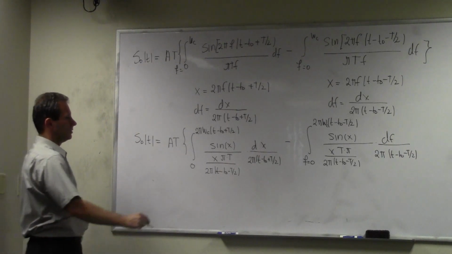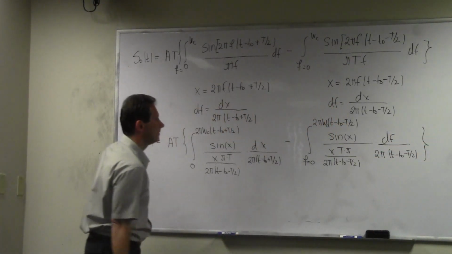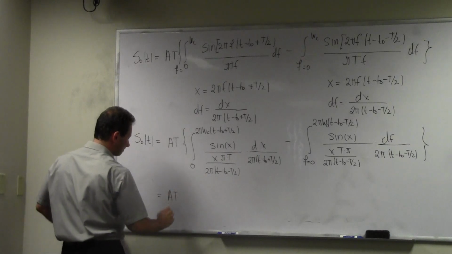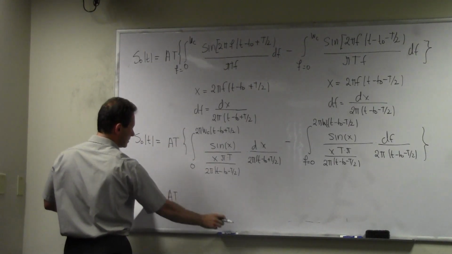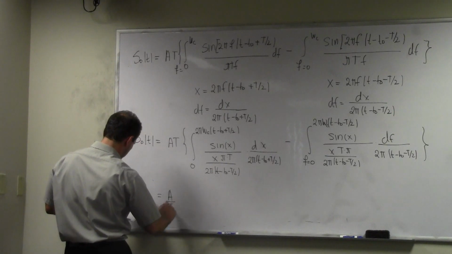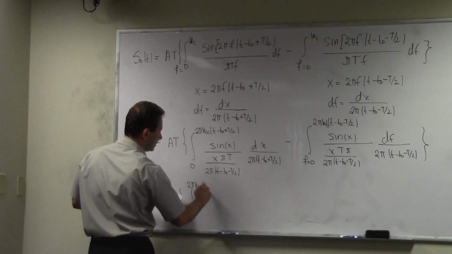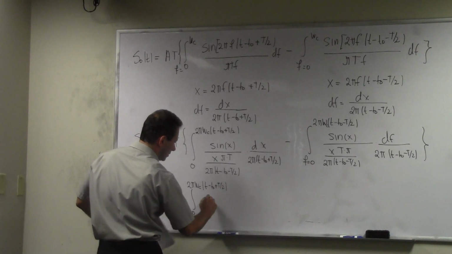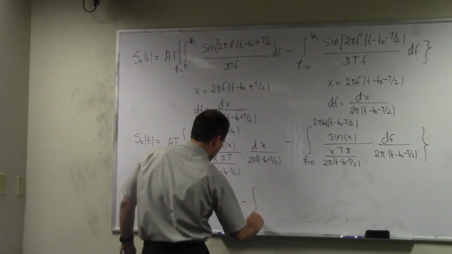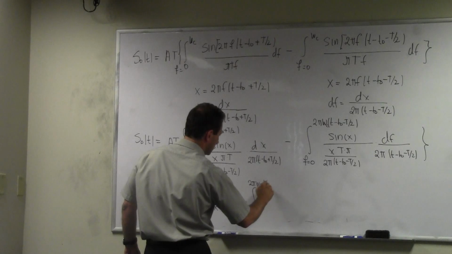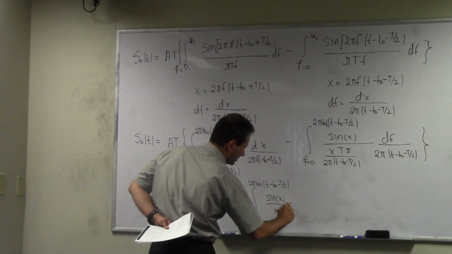A little bit messy, but you can see right away this cancels, and close the curly bracket here, and this becomes A. Now T and T cancel, and pi comes outside, so this becomes A over pi. And then I have the integral from 0 to 2 pi Wc (t minus t0 plus T over 2) of sine of x divided by x dx minus the integral from 0 to 2 pi Wc (t minus t0 minus T over 2) of sine of x by x dx.